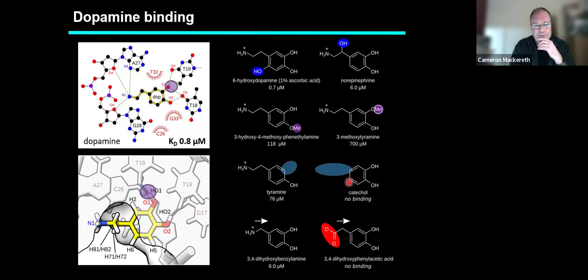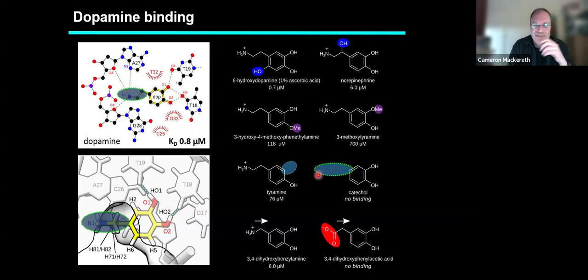And we can also remove aspects. So if you take away the hydroxyl, it binds also 100 times weaker. And then if you take away the aliphatic amine, then it just doesn't bind at all.